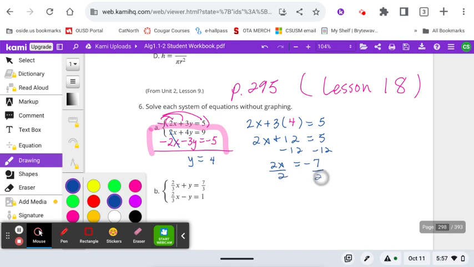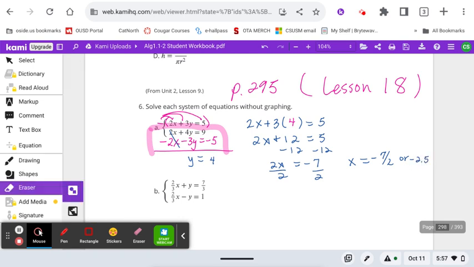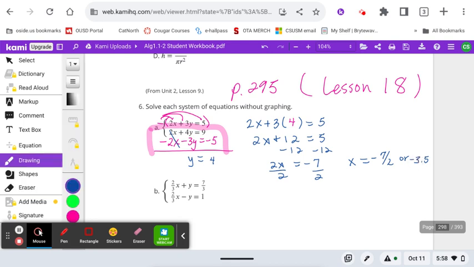And I'm going to get that x equals negative 7 halves or negative 3 point 5. All right, so we put that answer together, x comma y for our full answer.